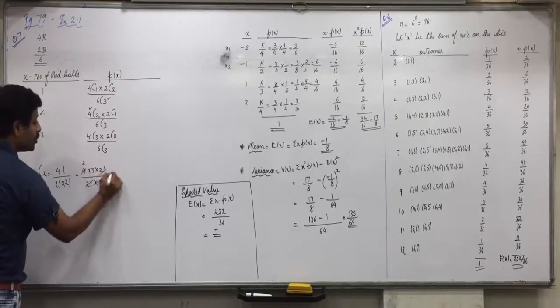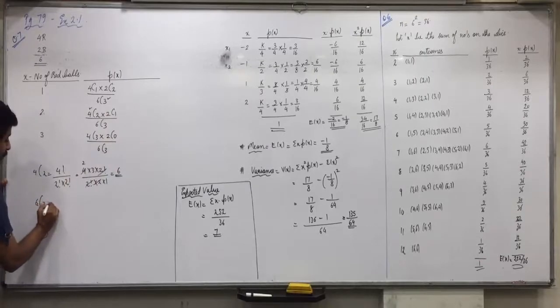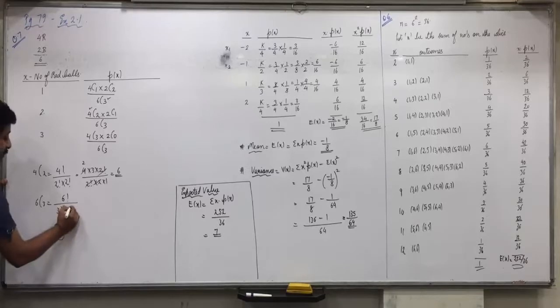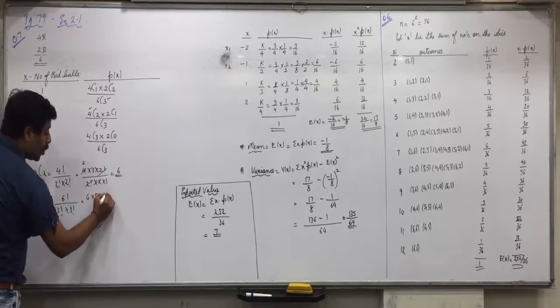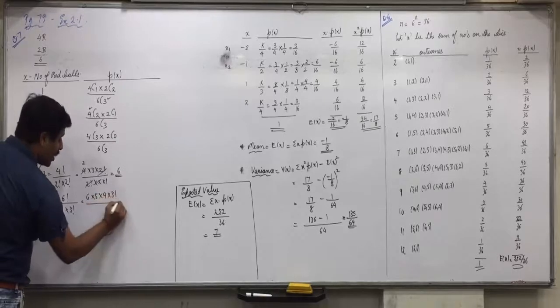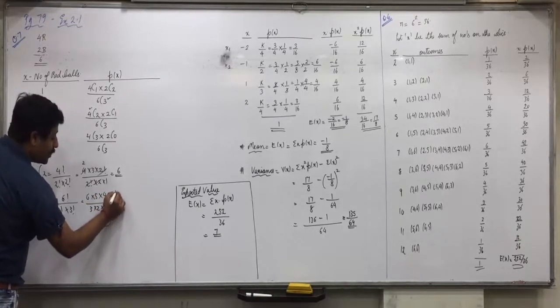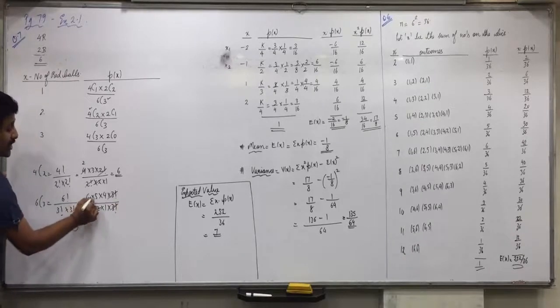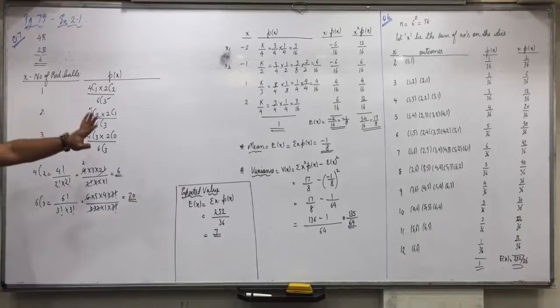So what is 2 into 3? 6. And 6C3 is 6 factorial upon 3 factorial into (6 minus 3) factorial. 6 into 5 into 4 into 3 factorial upon 3 into 2 into 1 into 3 factorial. 3 factorial cancel, 3 into 2, 6 cancel, 5 into 4. Now we can directly calculate.